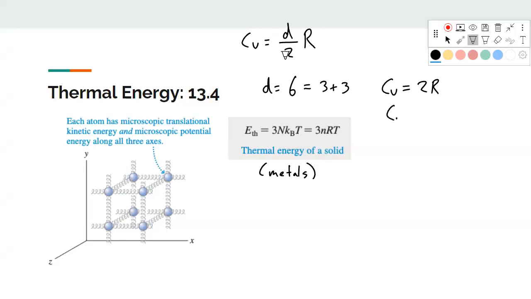And then, as we talked about, the constant pressure heat capacity is CV plus R. And so this is 3R. And as weird as this sounds, when we're dealing with solid or liquid objects and we're trying to extend these ideas of gas heat capacities, we should actually use the constant pressure values rather than the constant volume values.